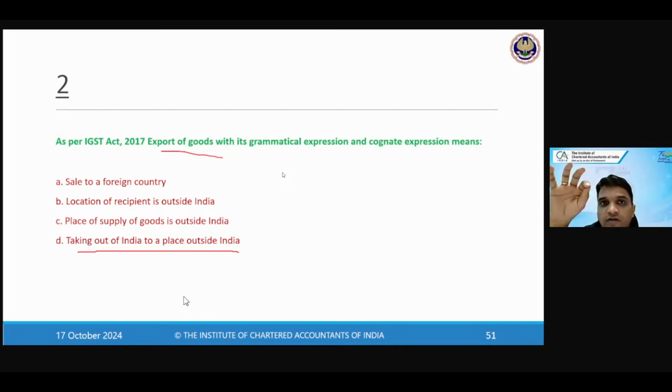The definition under the IGST Act says that export of goods means taking goods outside India. So that is the important condition for export. Other things are general, but the Act mentions the definition, and that definition is what is being asked here. Taking of the goods to a place outside India is the definition of export of goods.